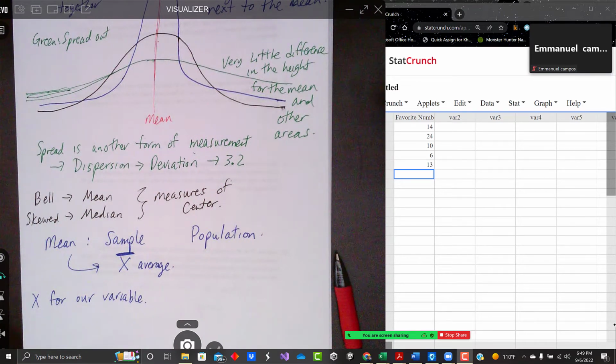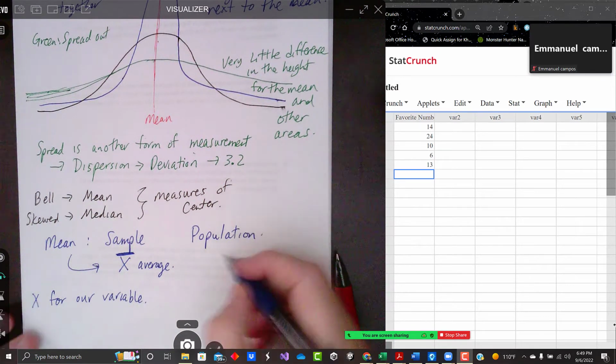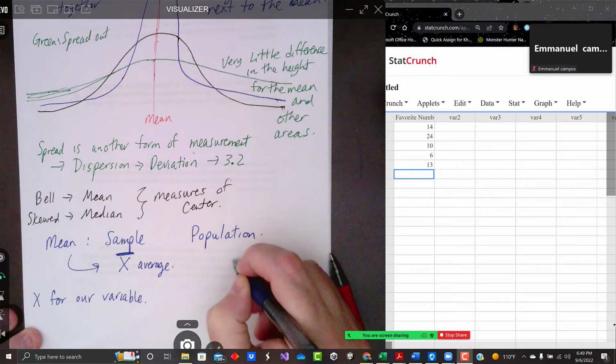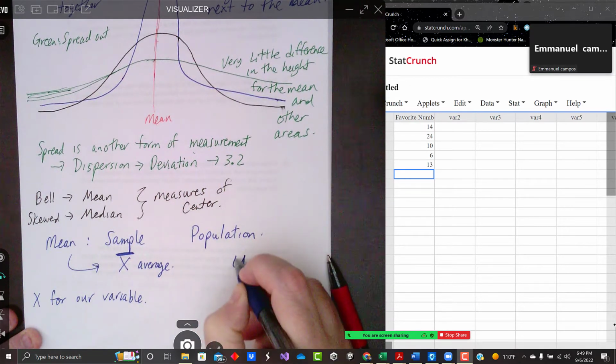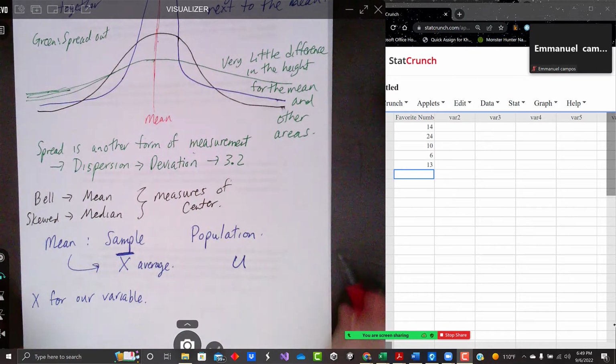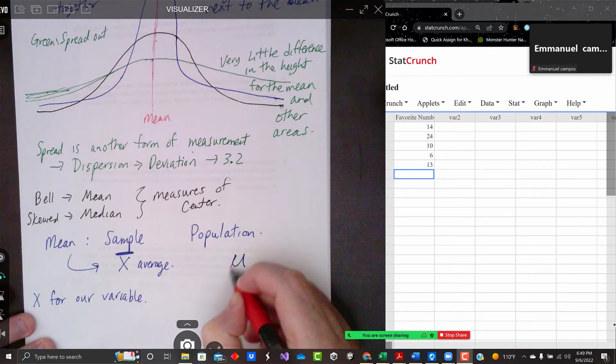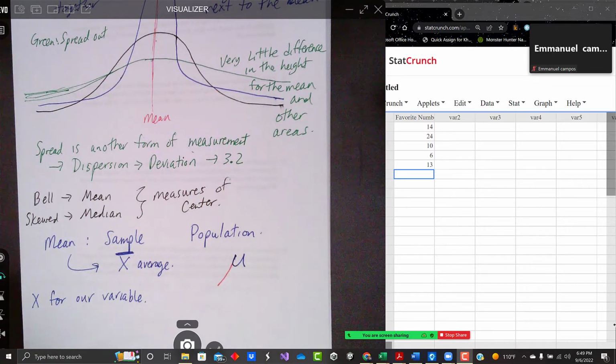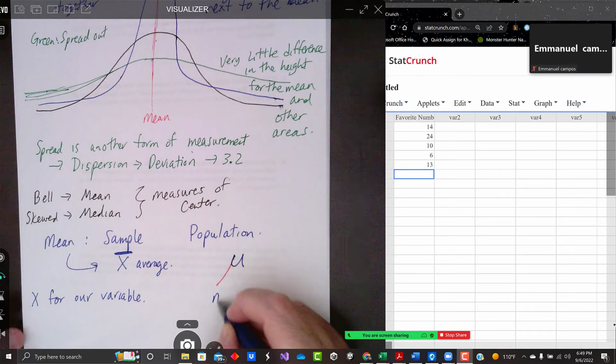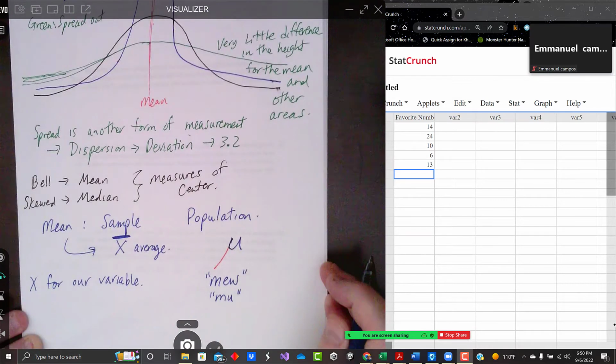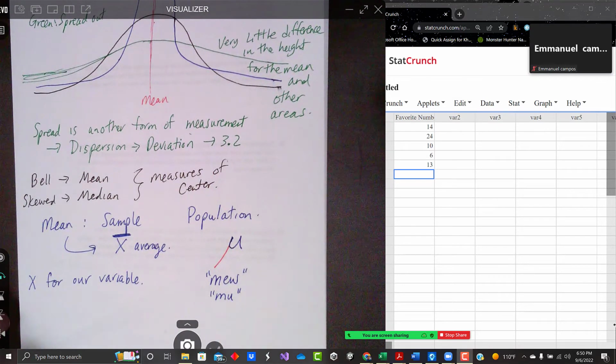For the population, we like to use something that looks like a U, but we put a really long tail in front of it. This is pronounced mu, or mew. Or if you know Pokemon, like Mewtwo. It's a Greek letter.